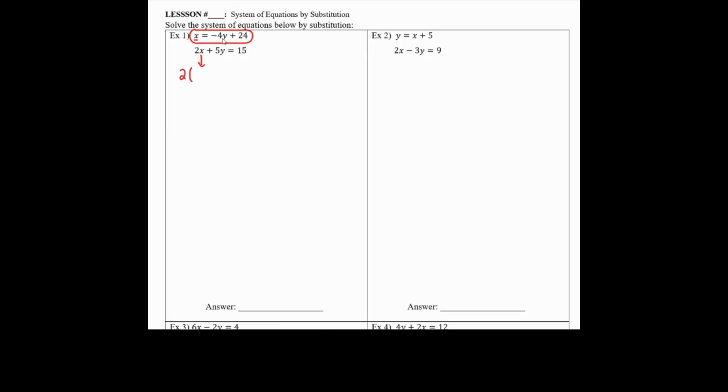Instead of X, I'm going to write negative 4y plus 24. So this would be negative 4y plus 24. And then I continue copying plus 5y equals 15.